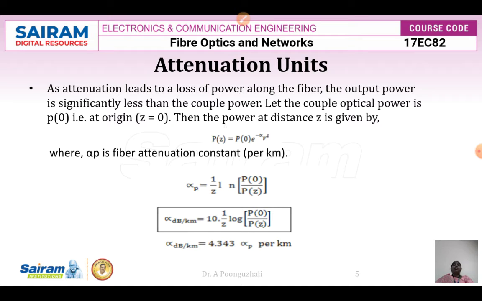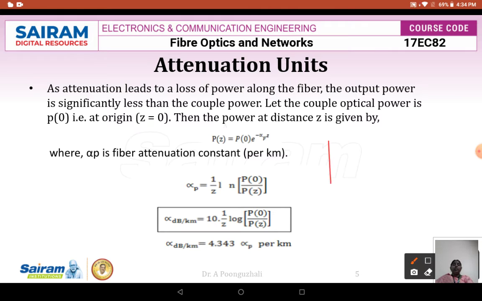So we define the coupled optical power as P of 0 at the origin, Z equal to 0. Suppose this is your optical fiber, and I am going to incident the light here, and it is going to propagate.